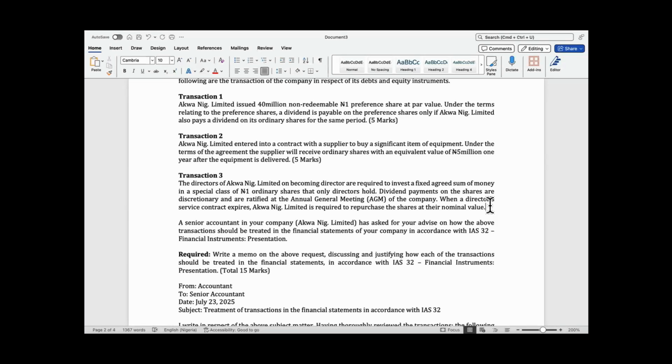Also, it has an element of financial liability or equity instrument in the hand of the company. So it is a financial instrument, sir.